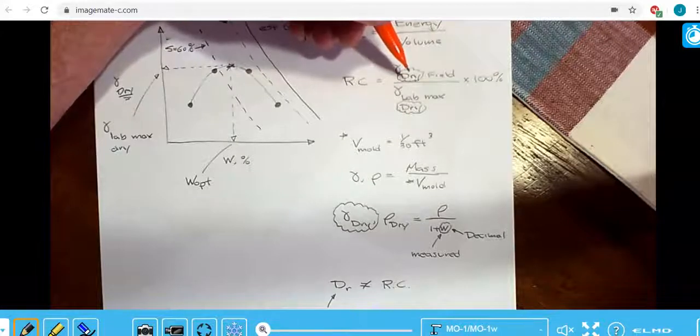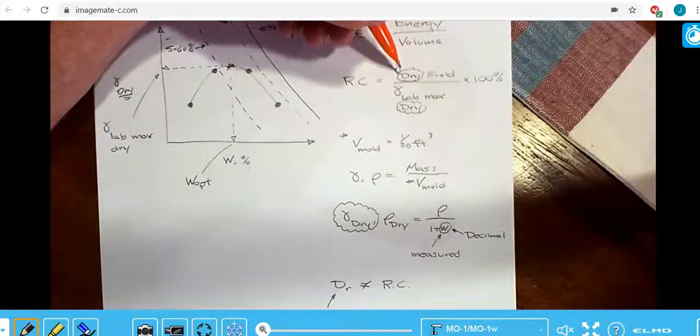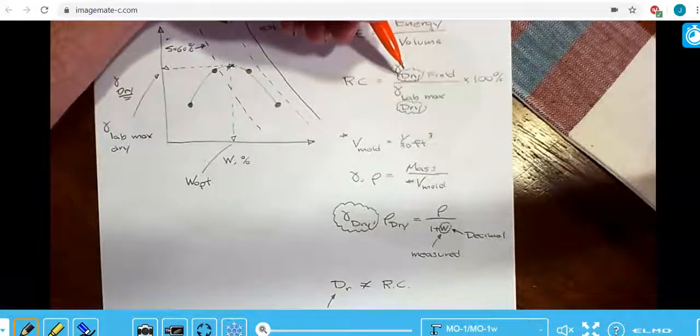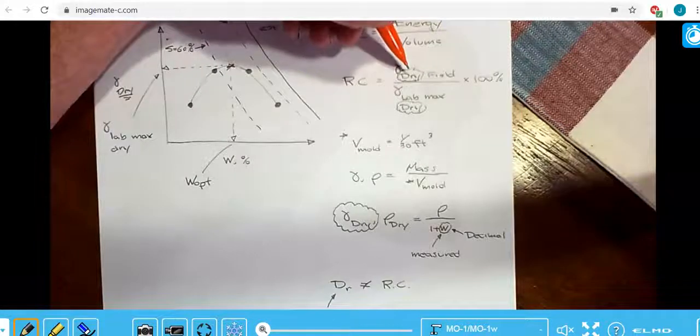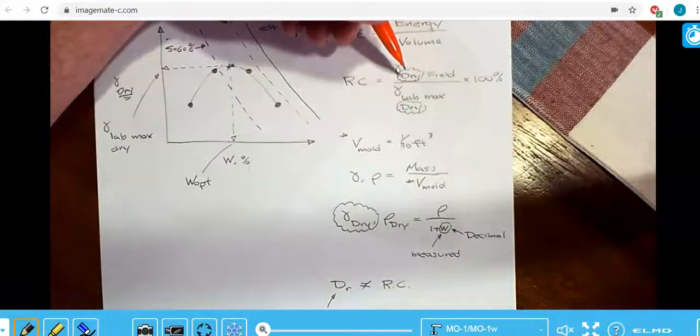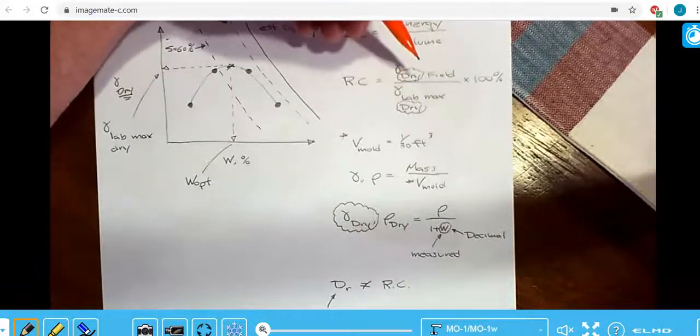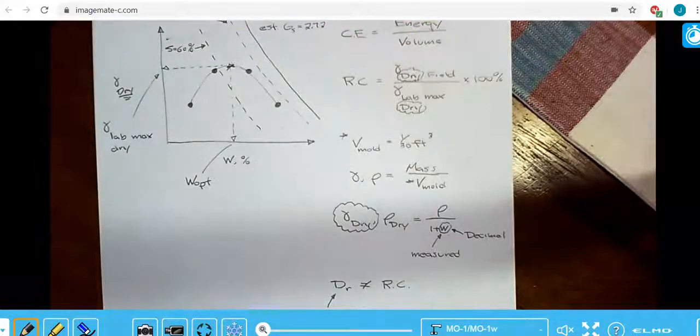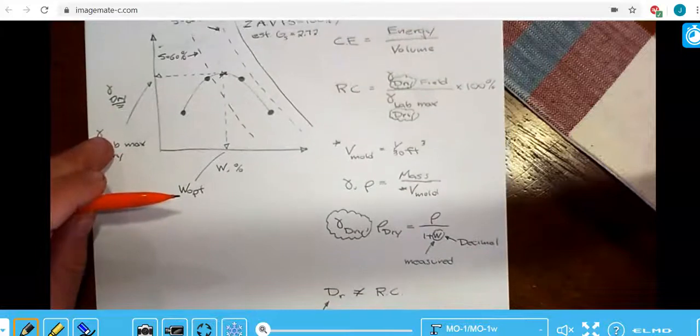So if we were looking at total unit weights here, that would vary depending on the water content, right? Once we calculate the dry unit weight, that's not something that's going to change if the water content changes. Okay, so dry unit weight correlates directly to void ratio. The whole point of this is to reduce the void ratio. That's why we have to compare dry to dry. If we were comparing wet unit weight or total unit weight, that would vary with water content changes.